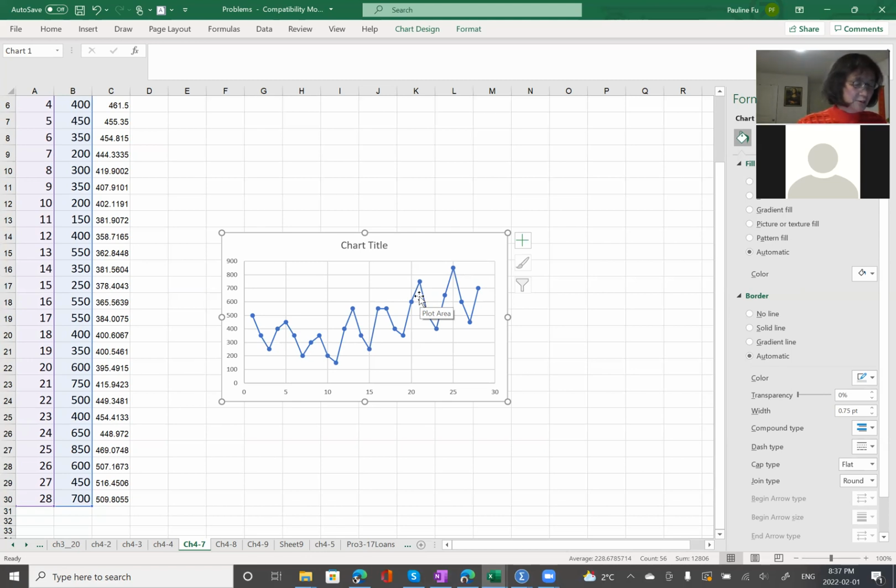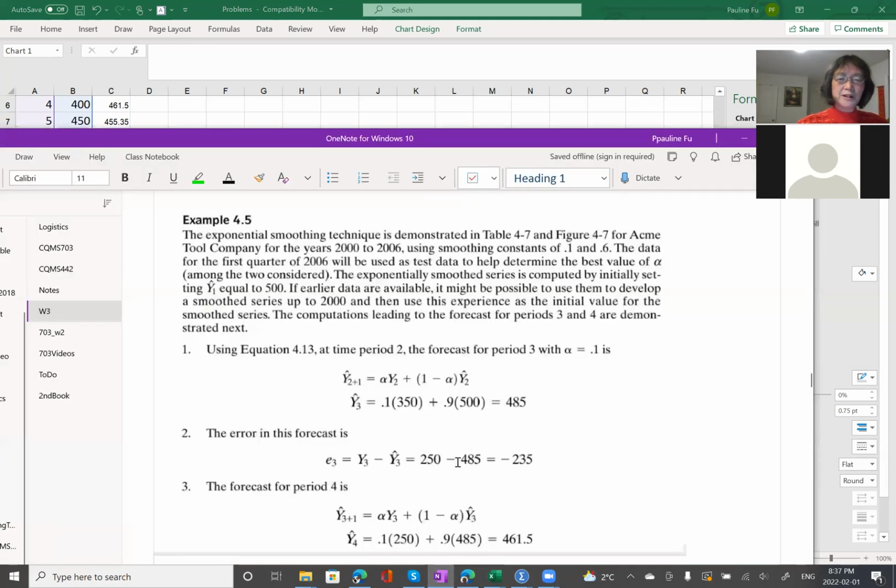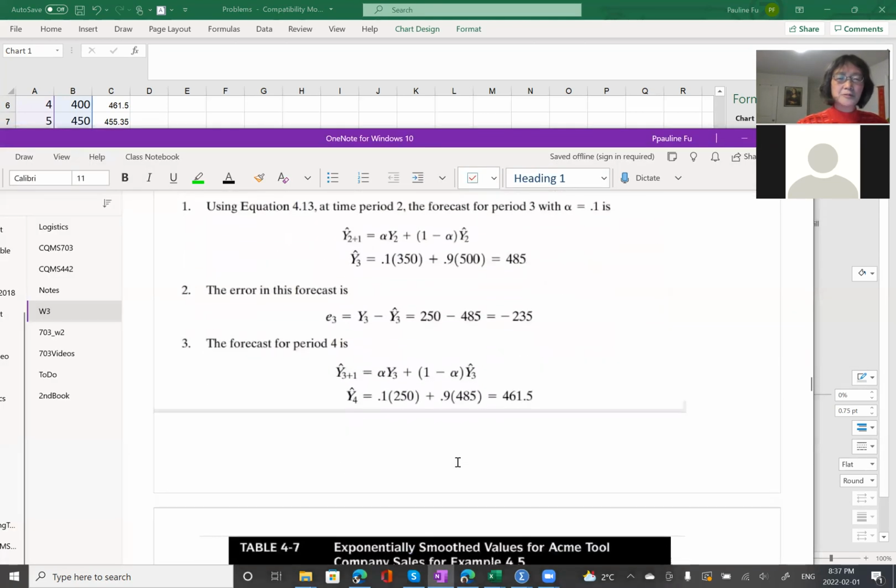To do that, we need to use the formula, the general formula. I'm going to write it down.